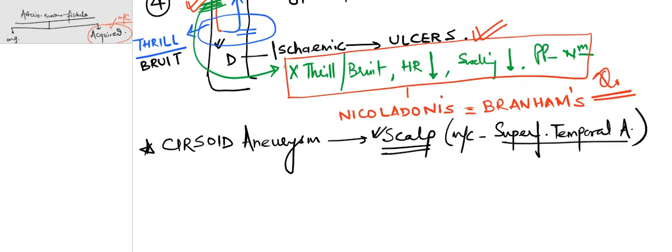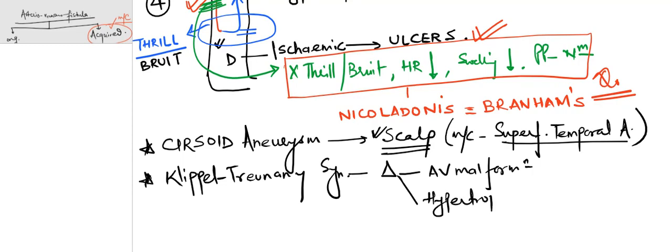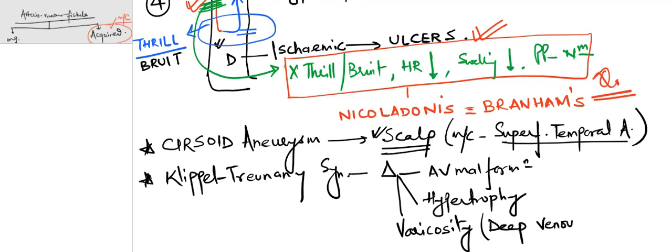Second thing, you should know about Klippel-Trenaunay syndrome. This syndrome is a triad of AV malformations, and as a result of this, a local hypertrophy that we just saw. The third thing is that these patients have venous varicosity, and the reason for this is that they do not have a deep venous system.